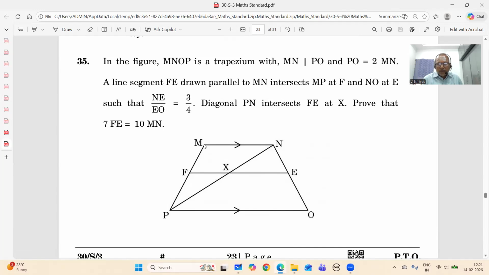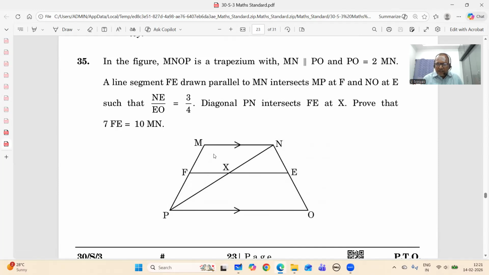Therefore these two triangles are similar. Now because this is 3 and this is 4, we'll get that FX by MN is 4 by 7.